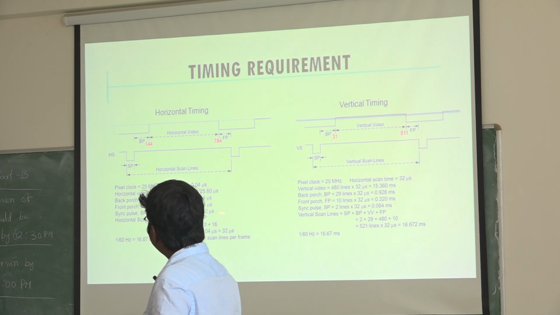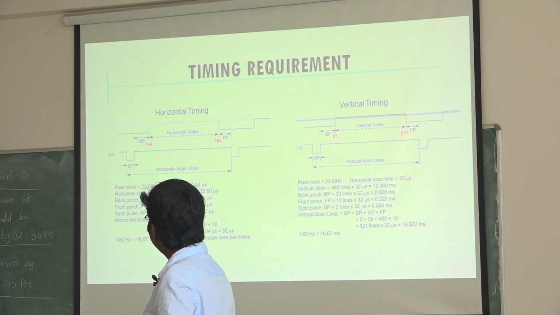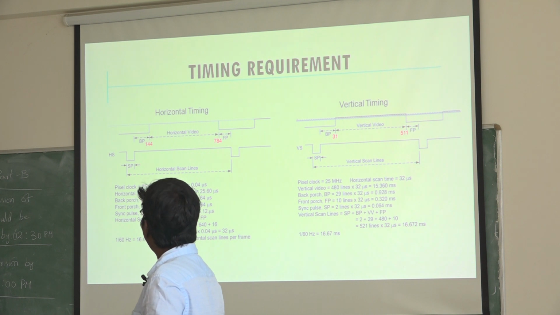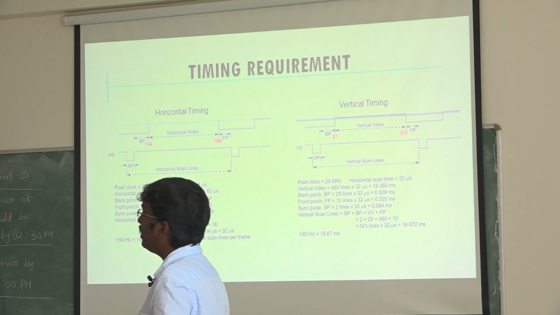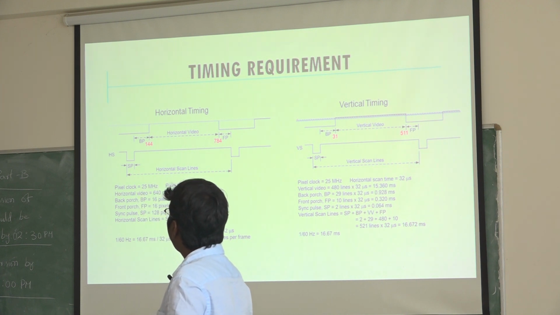So for the total horizontal line in the digital system, I have 128 pixels for the sync pulse, 16 pixels for the back porch, 640 pixels for the horizontal video, and 16 for the front porch. If you add everything, it will go to 800 pixels.